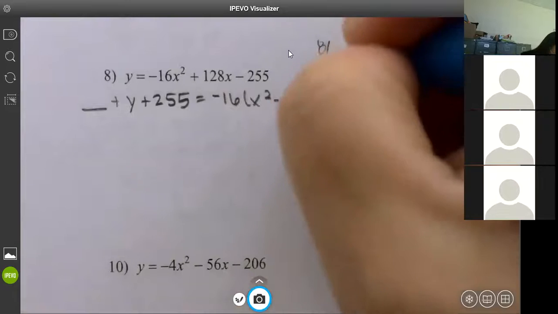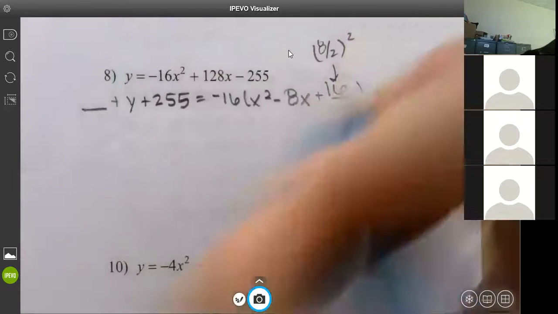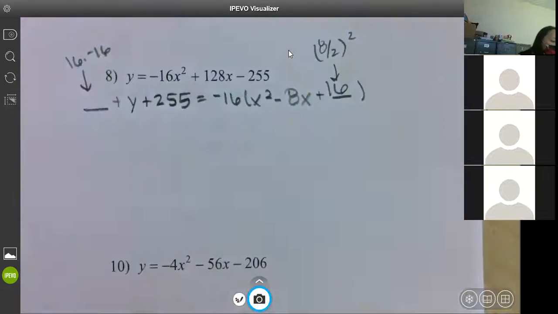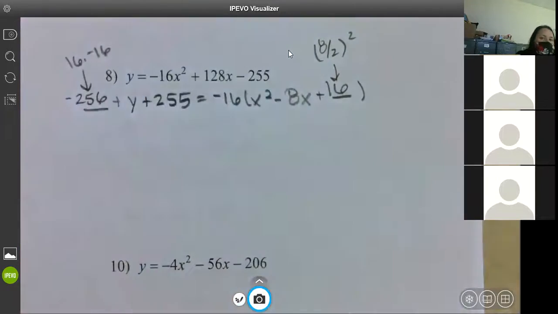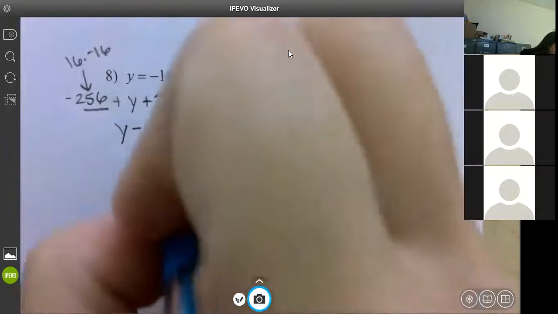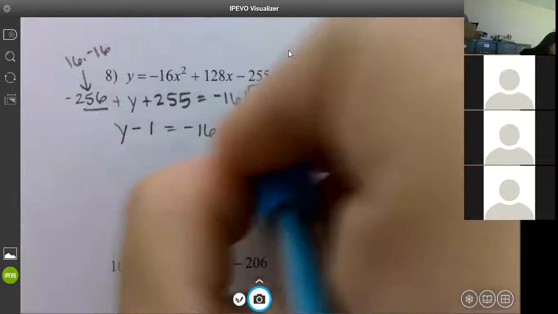This one, 8 divided by 2 squared: 16. This one is going to be 16 times negative 16: negative 256. Perfect. I get y minus 1 equals negative 16 x minus 4 squared.